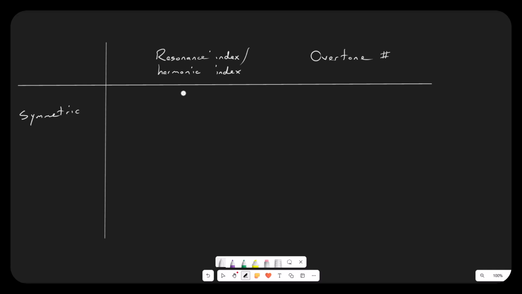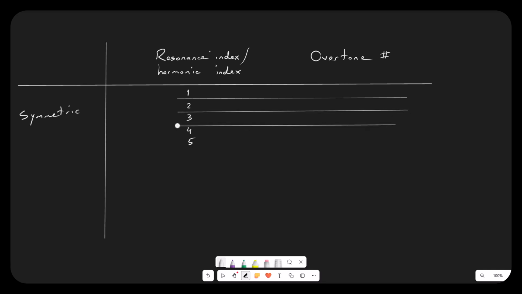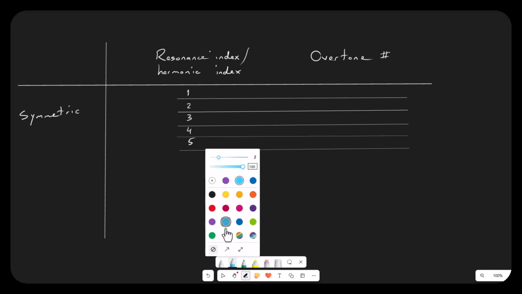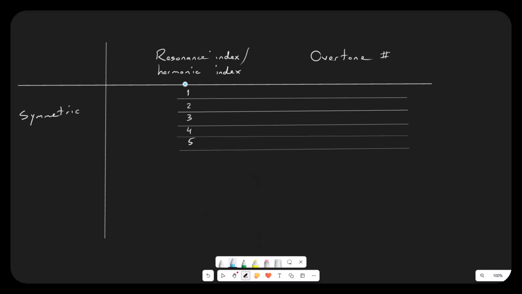My resonant index, I can do 1, 2, 3, 4, 5, and so on. The overtone numbers that go with these, so overtones are effectively a count of how many harmonics you are above the fundamental. The first harmonic is 0 overtones above the fundamental.